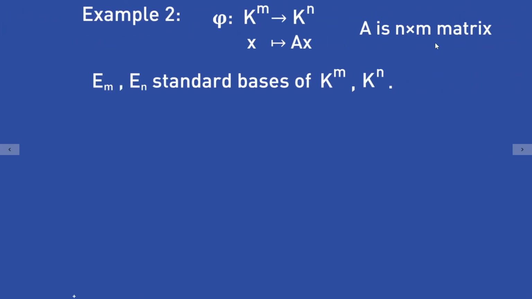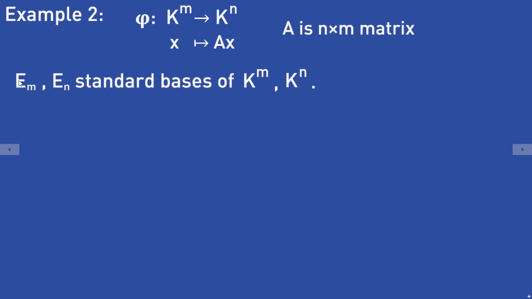Let Em be the standard basis of Km, and let En be the standard basis of Kn. Then the matrix representation of phi with respect to these two standard bases is the matrix A again.